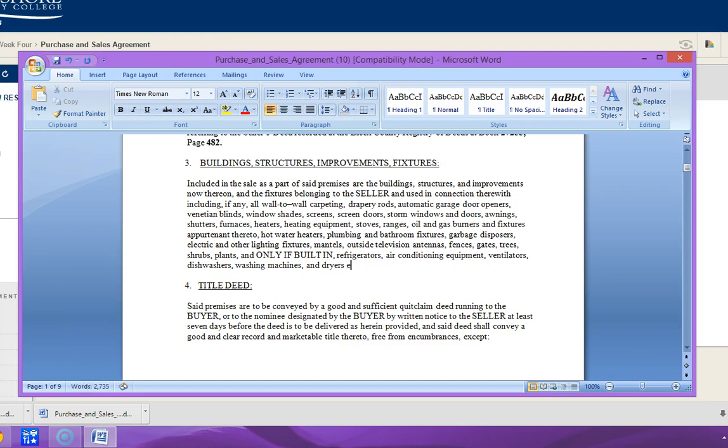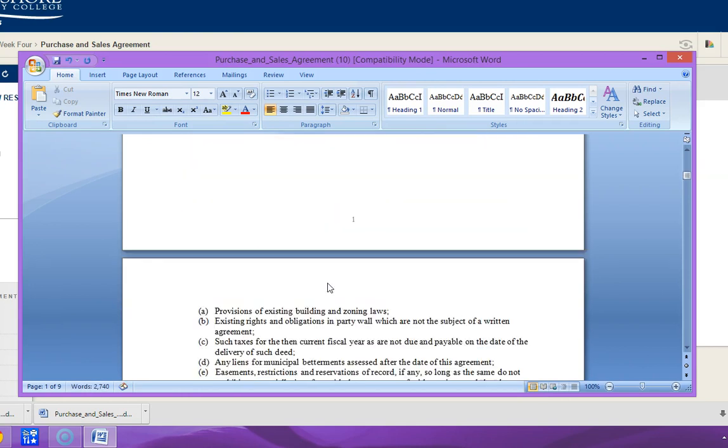If there was something the seller wanted to exclude, a fixture, you'd write here, excluding the, let's say, chandelier, in the living room, that kind of thing. All right.